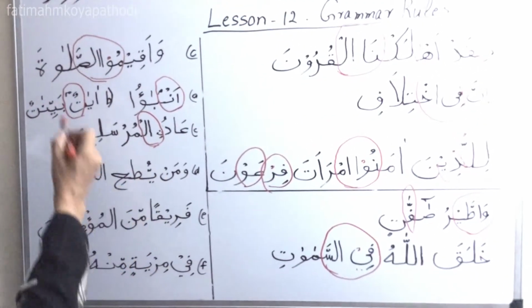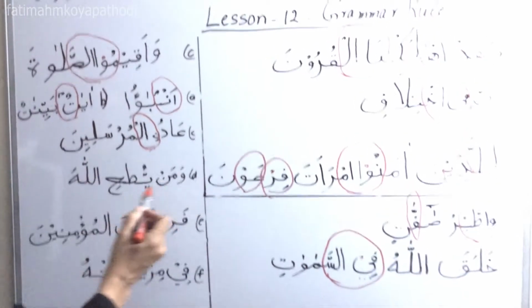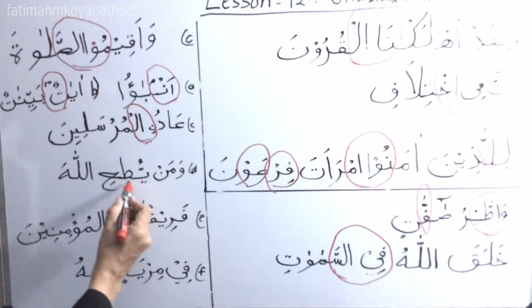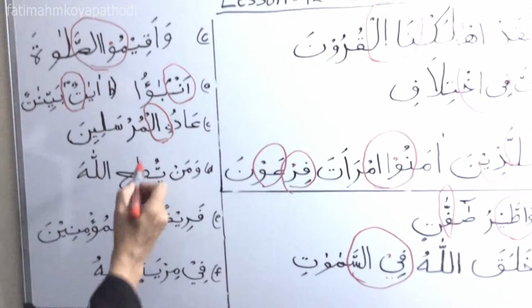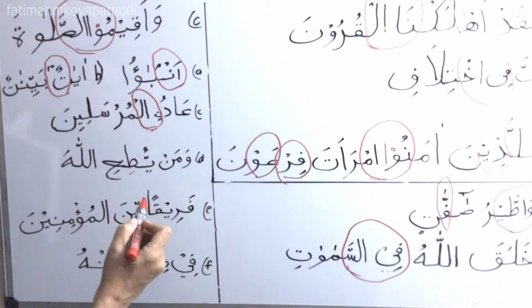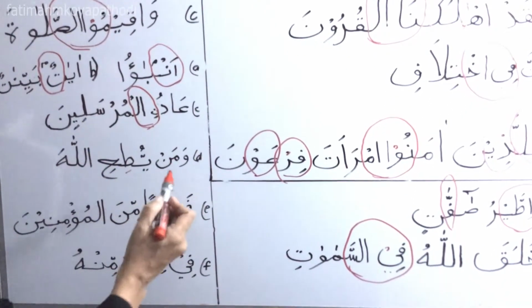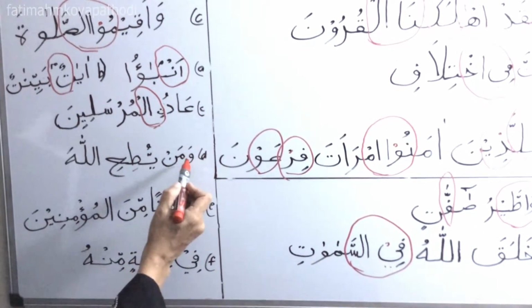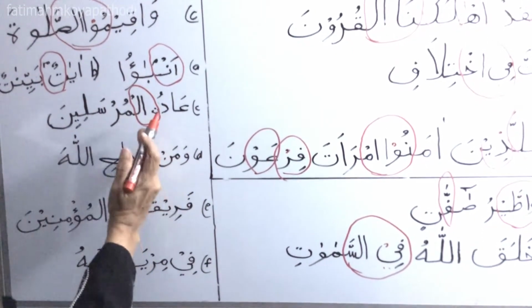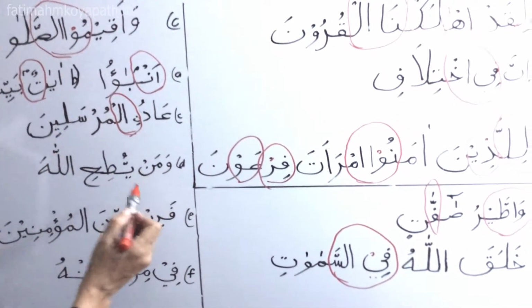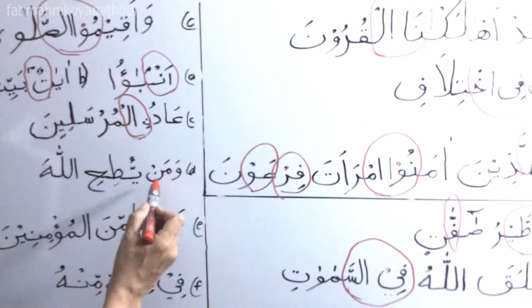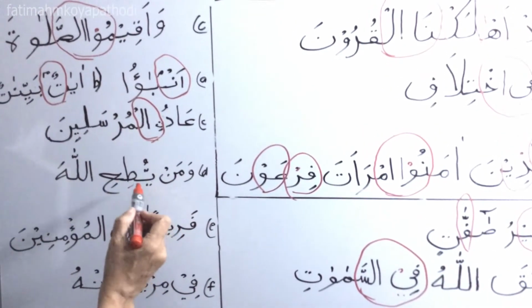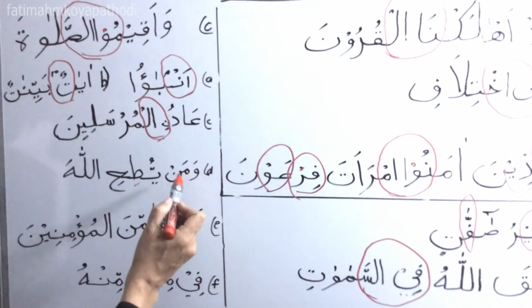وَمَنْ يُطِعِ اللَّهَ. Again, وَمَنْ يُطِعِ, sorry, yuti, okay. So what is the rule here? See here we're going to read وَمَنْ. Normally if this was not there, we would read it as man. But what is happening is we're dropping the sound of noon because of the ya. So the noon is dropped and we're going to say mayu.